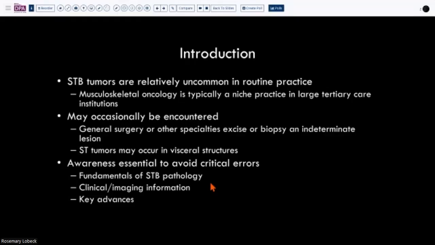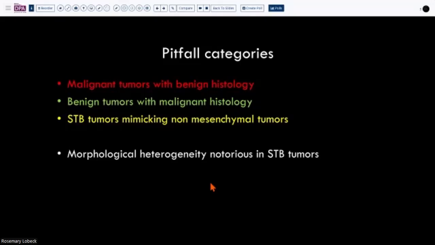So I want to broadly divide what I'm going to talk about into three main categories and the pitfalls that can be encountered in these categories. The first one is the red category, where you get malignant tumors with deceptively benign histology. We'll look at a couple of examples there. The second category is the other way around: benign tumors with malignant-looking histology.